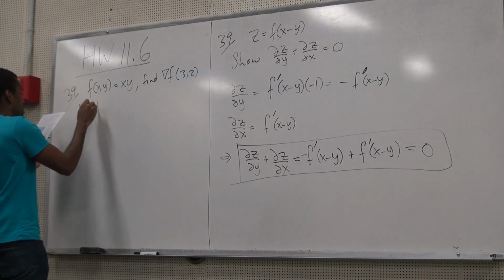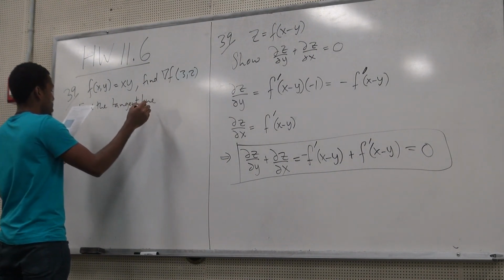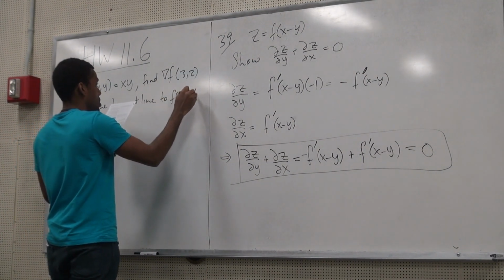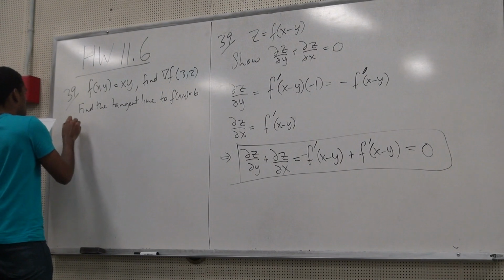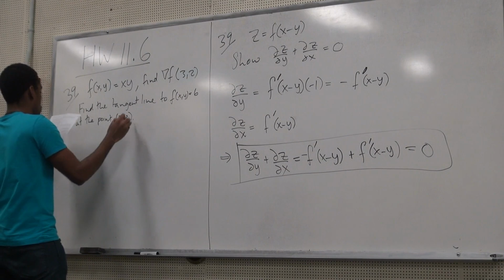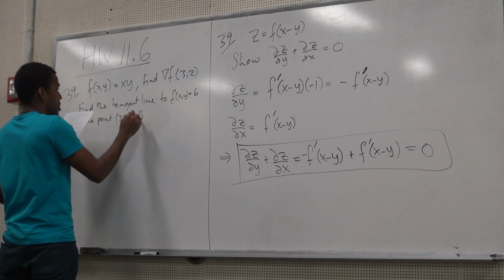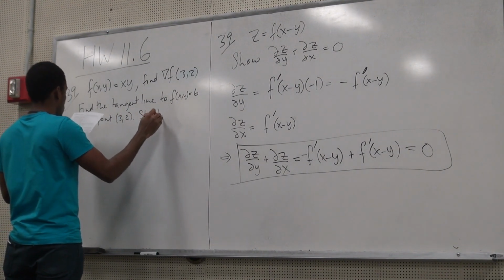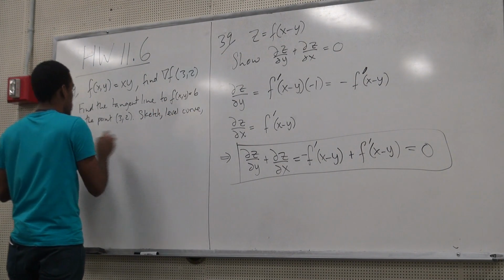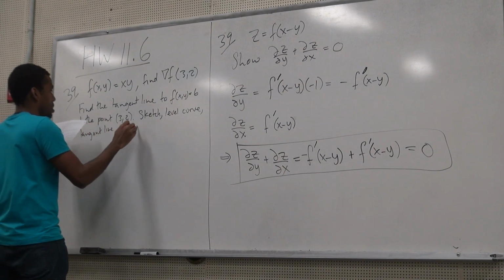Then use it to find the tangent line to f of x, y equals 6 at the point. Sketch the level curve, tangent line, and the gradient vector.